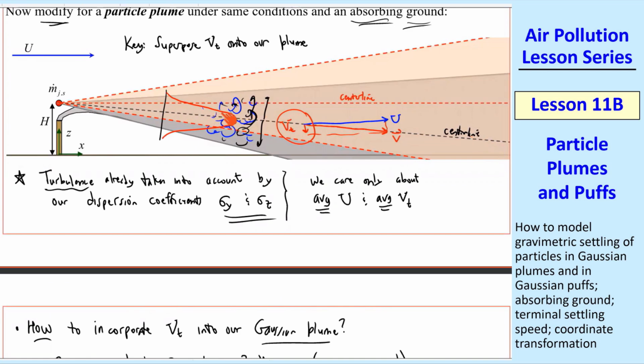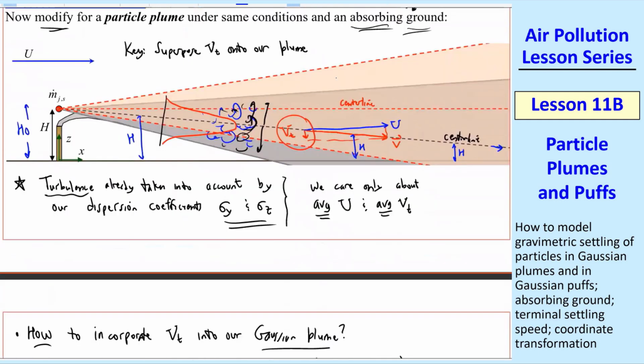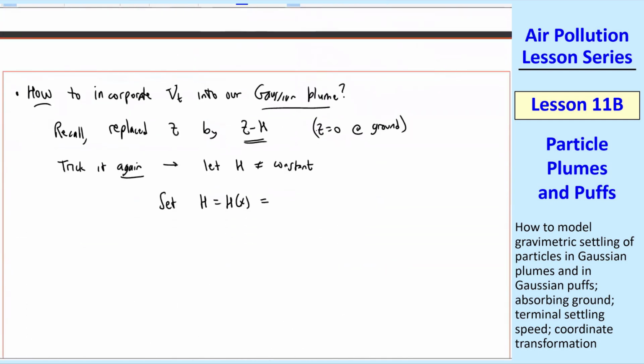If you look at the plume, the center line is just linearly falling at this angle. So instead of h being a constant as it is here, we can set our h to be h naught at the beginning, but h will be decreasing as we keep going downstream. Eventually that center line is going to hit the ground actually. So you can see that h is decreasing linearly with x. And that's a little trick, just like we did before to change to z minus h. Now let's change to z minus h, where h is now a function of x.